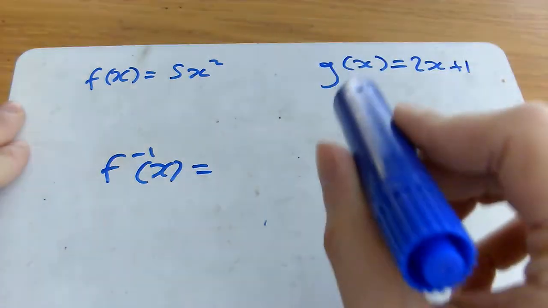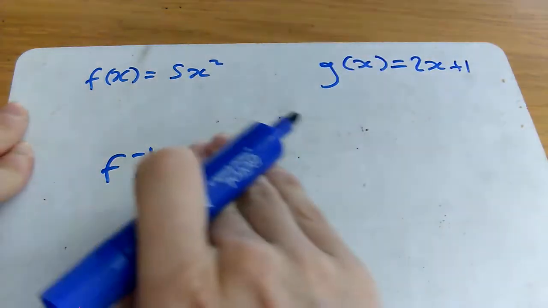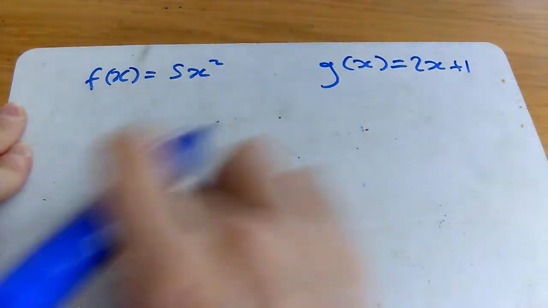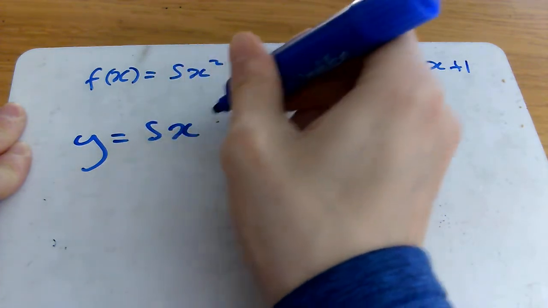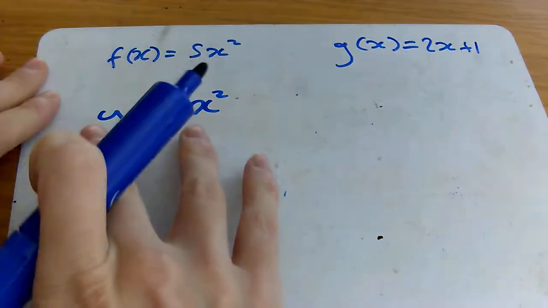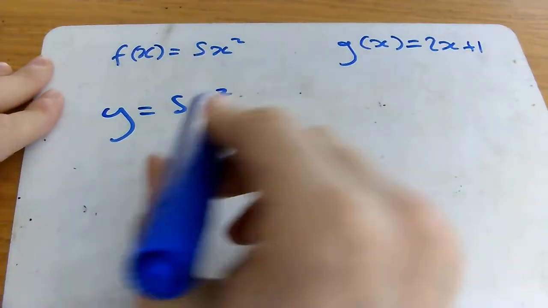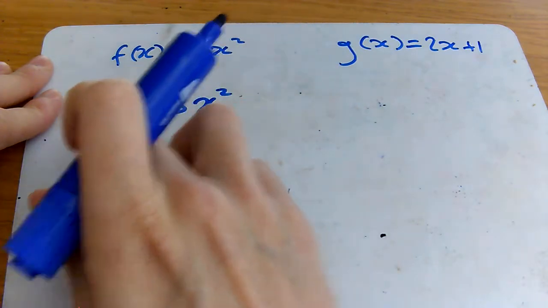But a better way of doing it is to rewrite the original function using y equals 5x squared. This y doesn't really mean anything. It's just a placeholder that's going to allow us to do some algebraic rearrangement, and it will disappear at the end once we've used it. So we're going to replace the y with the x.